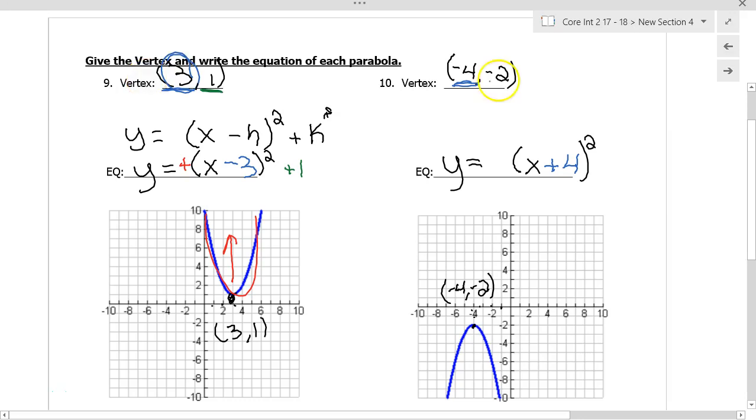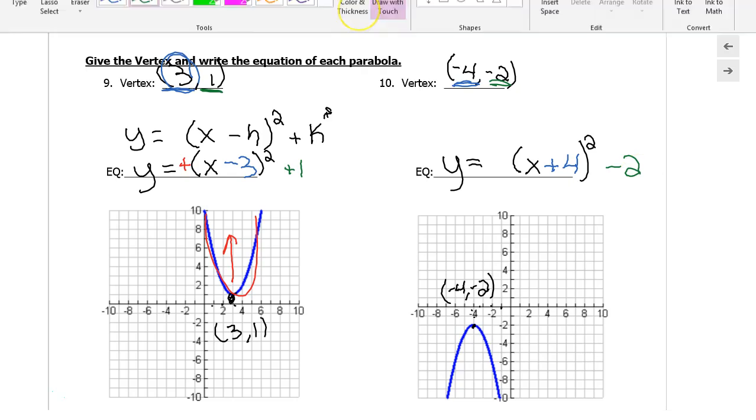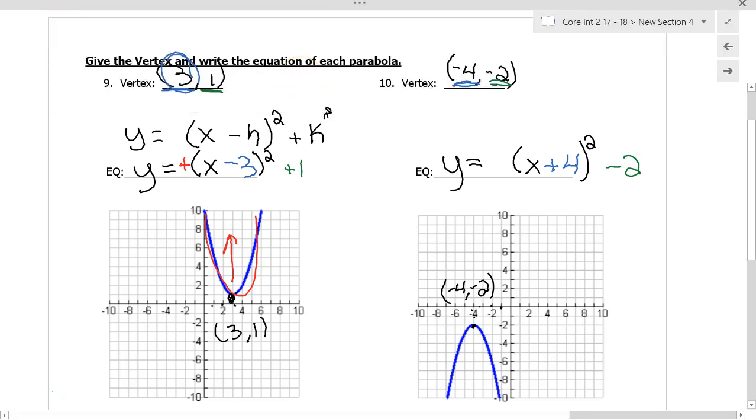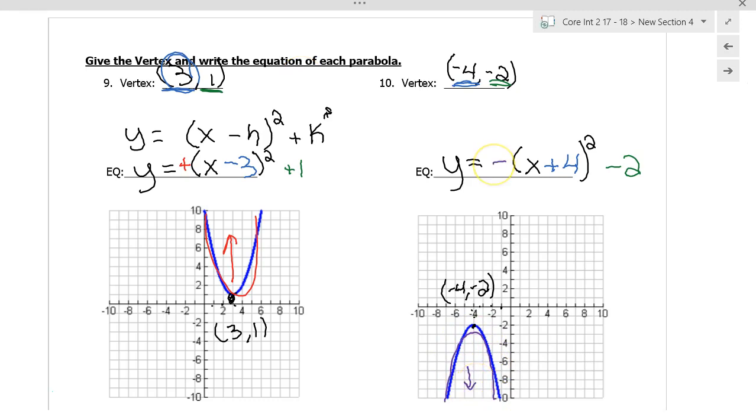Then using this number, I don't change the sign, minus 2. And again, is this happy or sad? This is our frowny face. It's going down, it's negative. So this equation is y equals negative (x plus 4) squared minus 2.